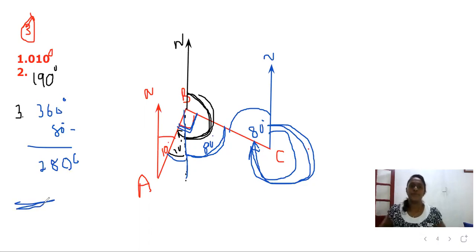Do you all understand, children? See how we are calculating this type of question. Always, from the place named after "from", the north direction comes and we find the values.